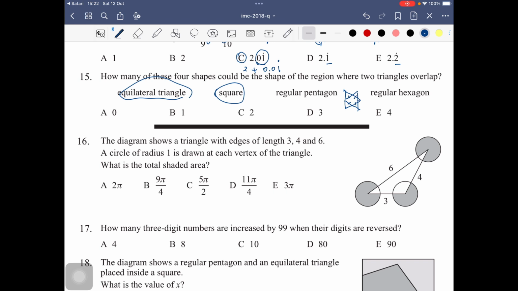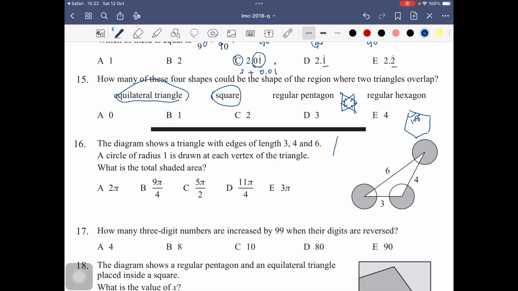And a regular pentagon has an angle of 108 degrees. So if we make this 108, this can be part of it, let's say like this.